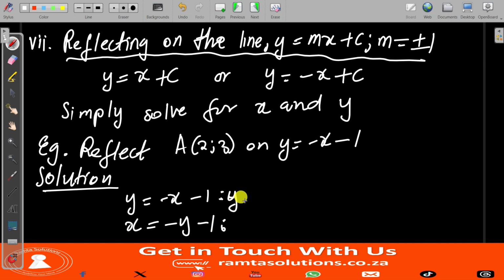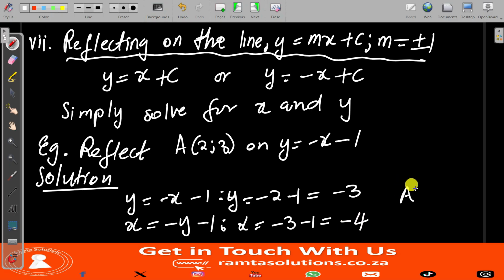So now let's get it. y equals negative 2 minus 1, which is equal to negative 3. In the same way, x equals, let's see now, what is the value of y? 3. So x equals negative 3 minus 1, which is negative 4.